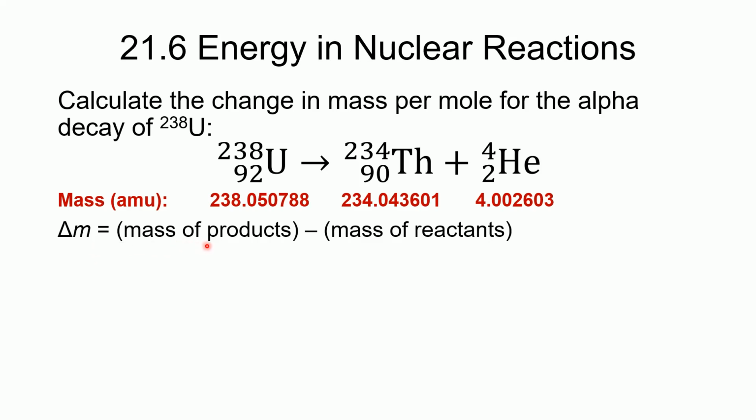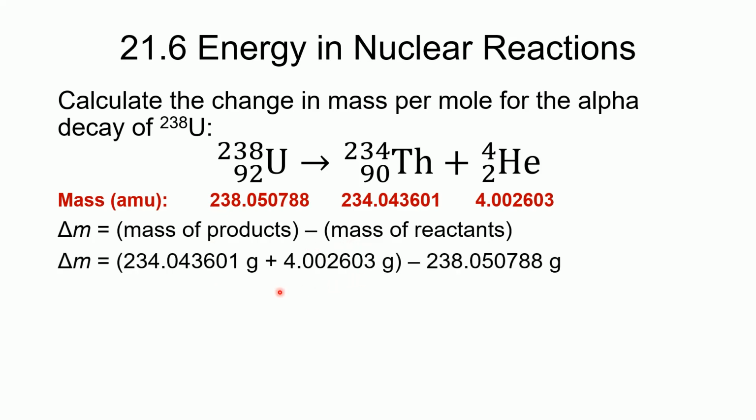We'll do the mass of the products minus the mass of the reactants, and we'll get this. I'm doing this per mole. This is AMU, and we're doing this per mole, so we'll take the number 234.043601 grams, and that's going to give us our answer per mole instead of per atom.